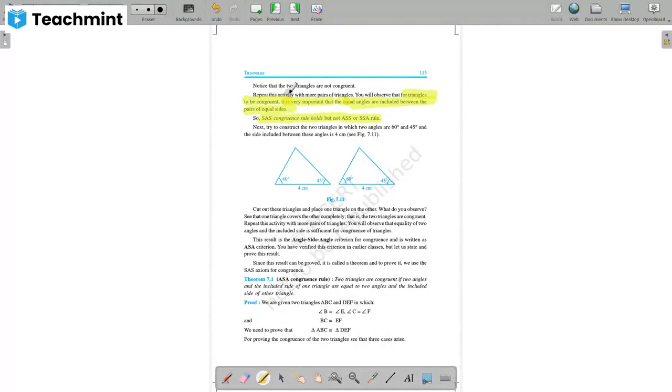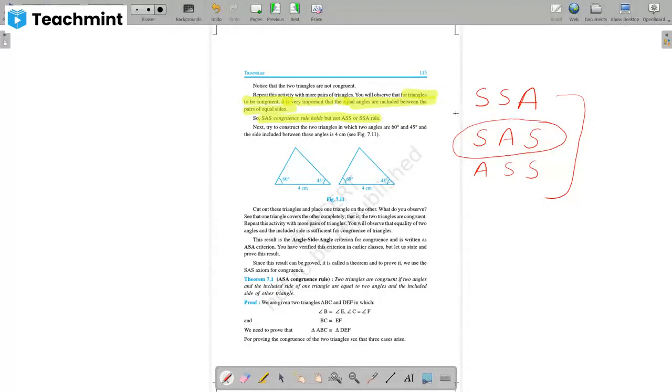If you consider two sides and one angle, we are talking about all the triangles in which we are given two sides and one angle. Out of these three combinations, only this combination is true, only this rule exists.